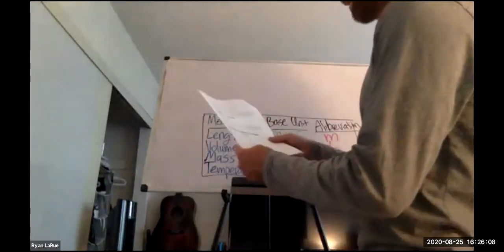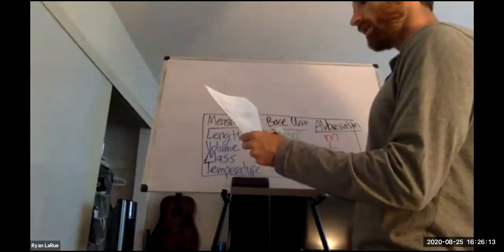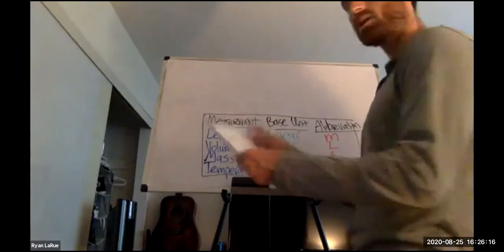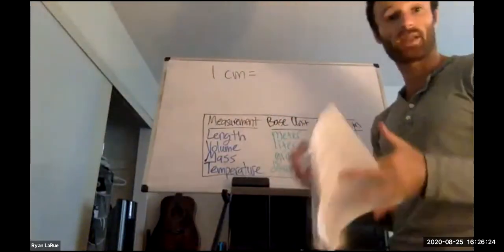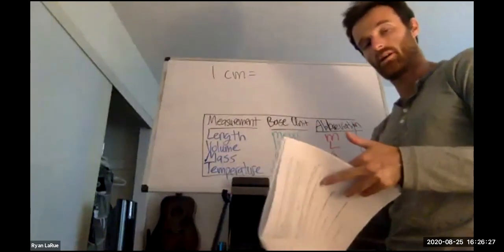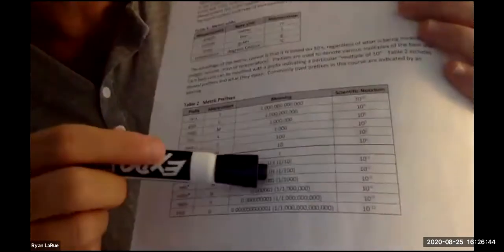But anyway, this table tells you, for instance, something we do use: centimeters. Like I said, we always look at the base unit compared to these other prefixes. So centi: 1 centimeter is 1/100th of your base unit.